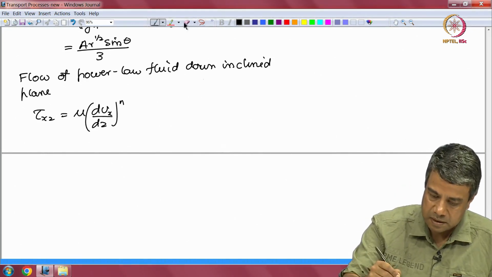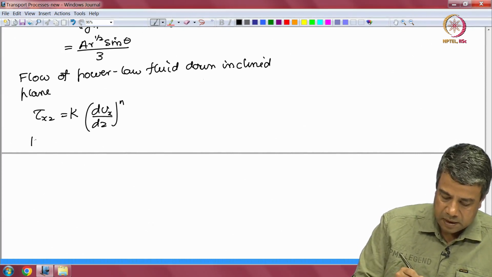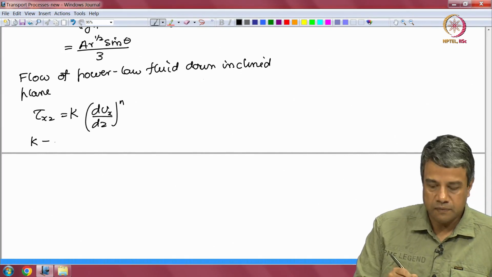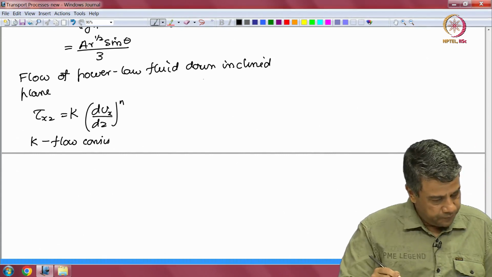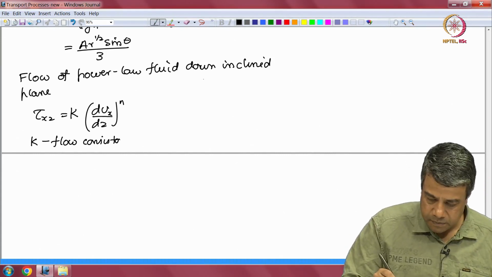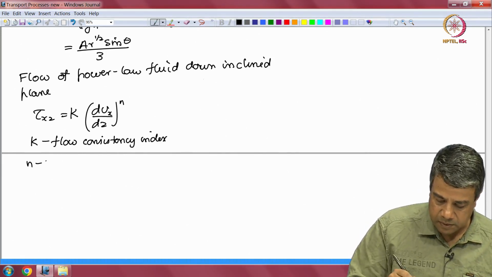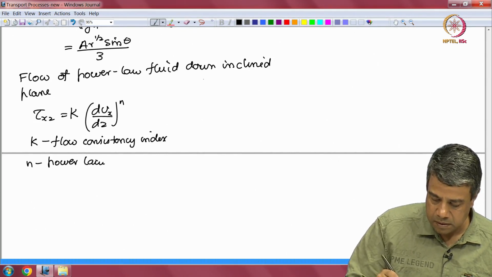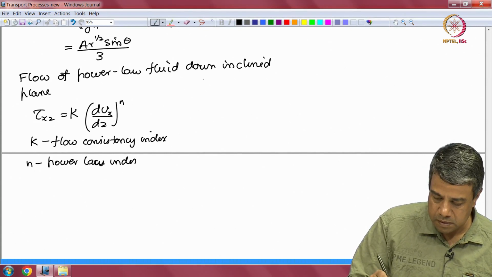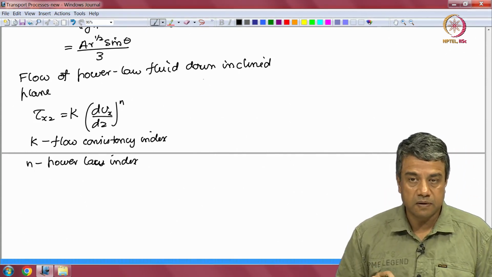I am sorry, it should be k, okay, where k is the flow consistency index. And n is the power law index. Okay. So, what happens if we have this kind of a flow down the inclined plane?